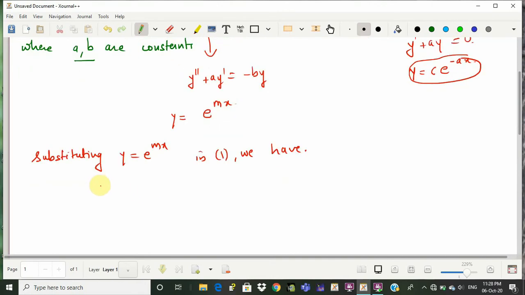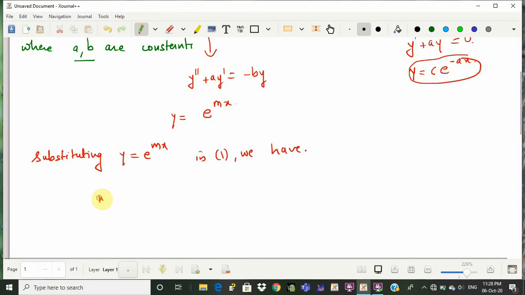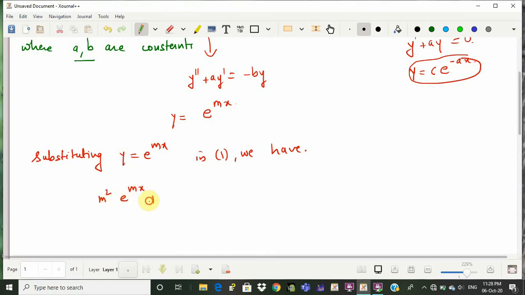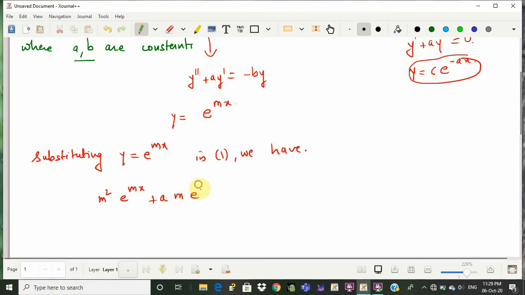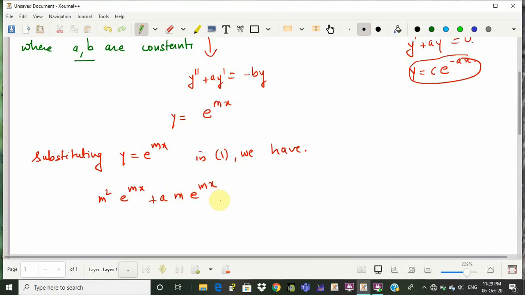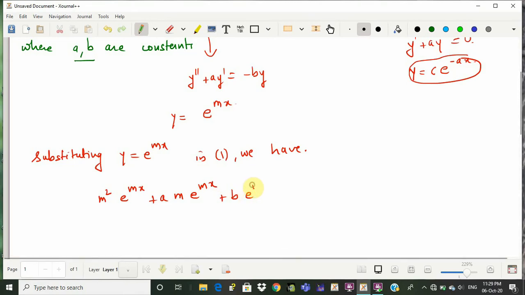After substituting, the single derivative y dash is m into e raised to mx, and its second derivative will be m square into e raised to mx. So we get m square e raised to mx plus a into m into e raised to mx plus b into e raised to mx is equal to 0.